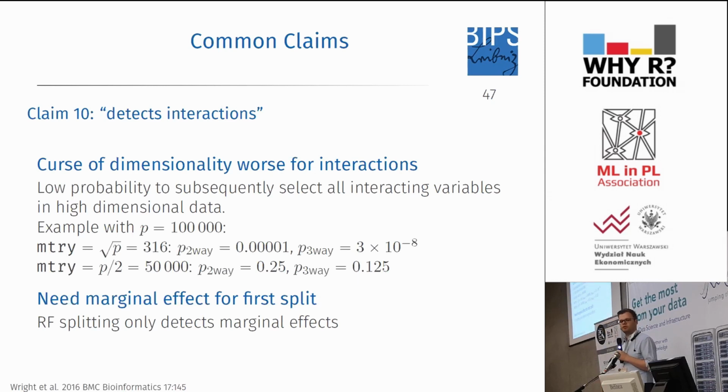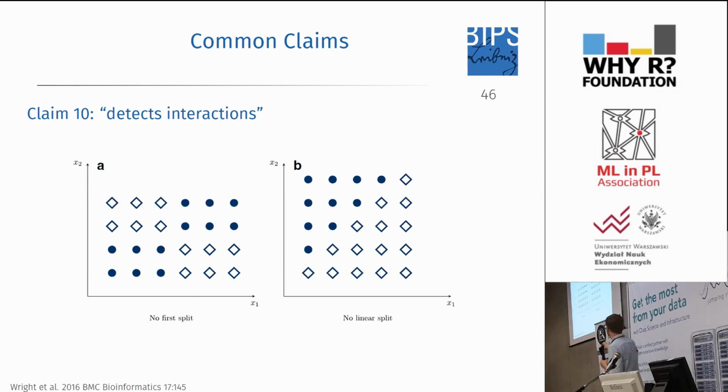If you increase the mtry value, it gets way better, but still you won't split, because if you have no marginal effect, that's what I explained on the left in the last slide. Without a marginal effect, you won't split. So in this example, you had to split here, but you have no marginal effect, so you won't.